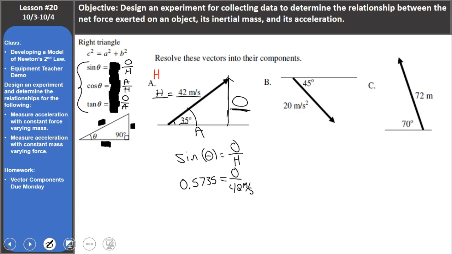Multiply by 42 meters per second on both sides, right? These divide out to be 1. So take 42 times 0.5735.